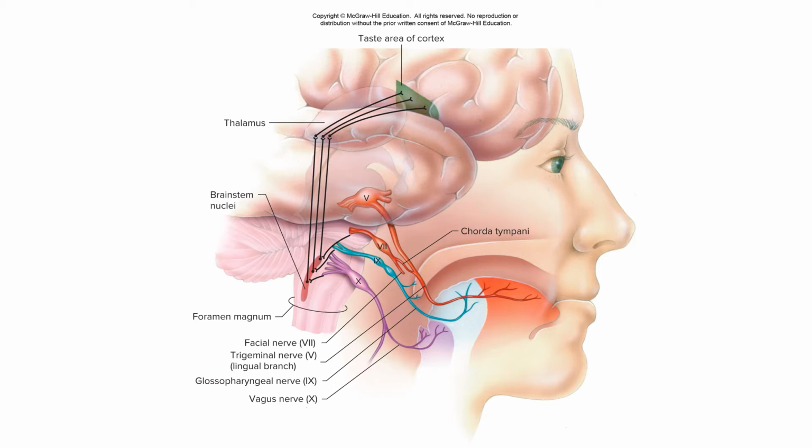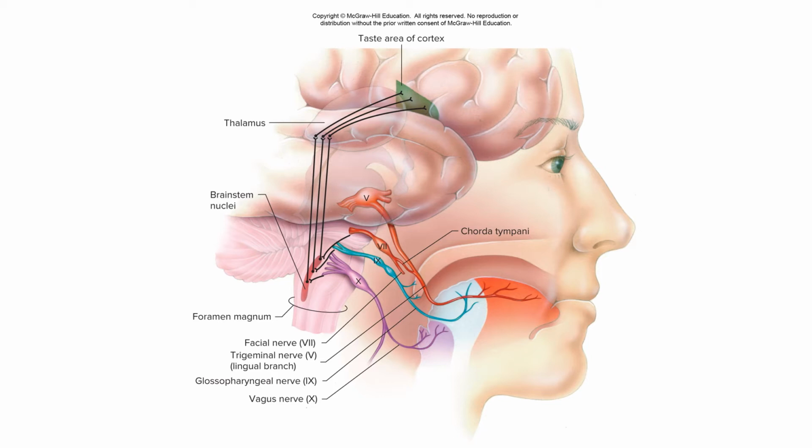Okay, so those are what you call your cranial nerves. You have your facial nerve number 7, trigeminal nerve 5, glossopharyngeal nerve 9, and then vagus nerve 10. Okay, so once this is already perceived and these cranial nerves receive the message, it will be directed now to the foramen magnum of your spinal cord.